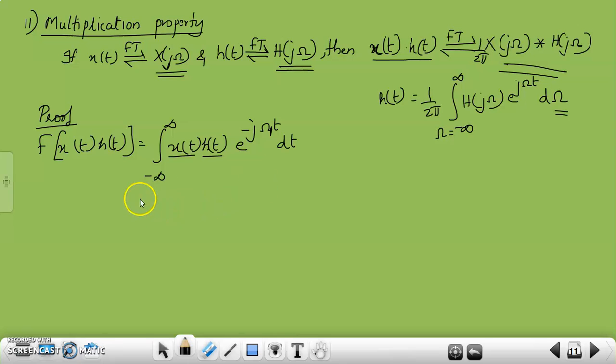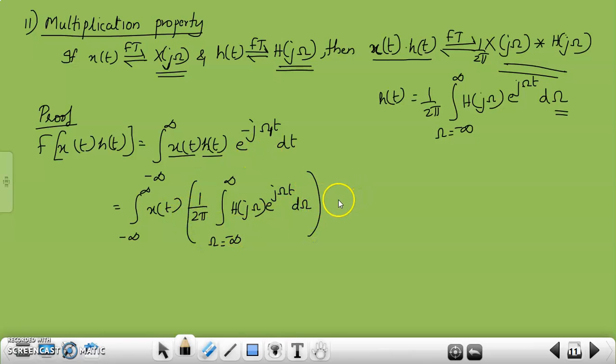Now I can write this equation as the integral over minus infinity to infinity of x of t, and for h of t I am substituting 1 by 2 pi integral over omega from minus infinity to infinity of H of j omega e raised to j omega t d omega, multiplied by e raised to minus j omega 1 t dt. Now I can change the order of integration with respect to t and omega.